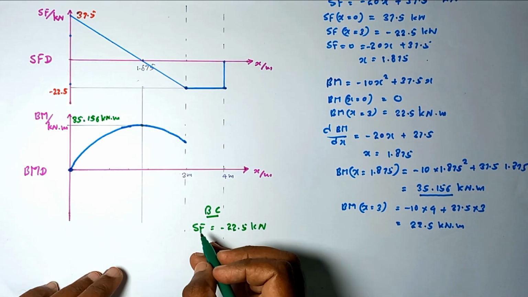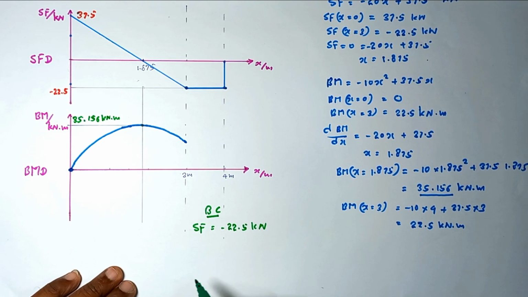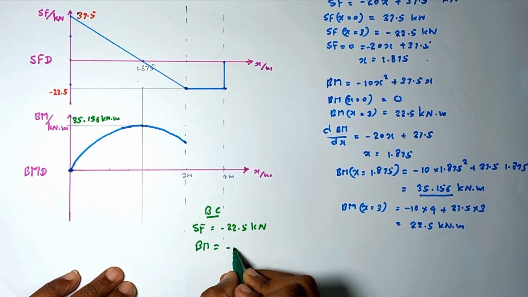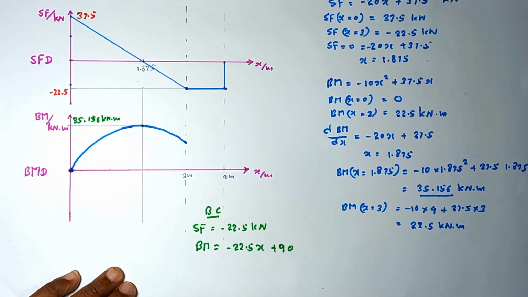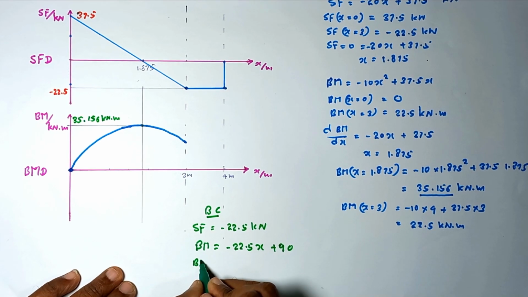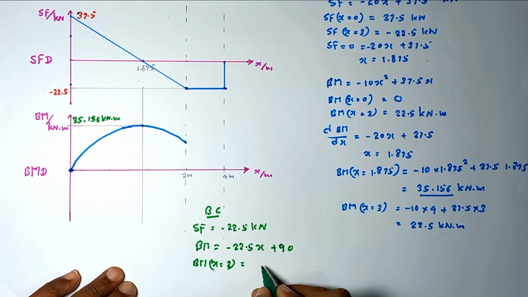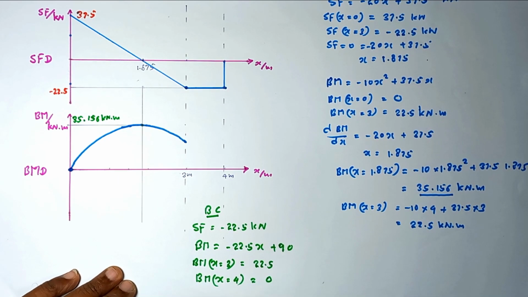The bending moment equation for this B to C region is equal minus 22.5 into x plus 90. Then the bending moment at x is equal 3, the value is equal 22.5. Then bending moment at x is equal 4, that value is equal to 0.